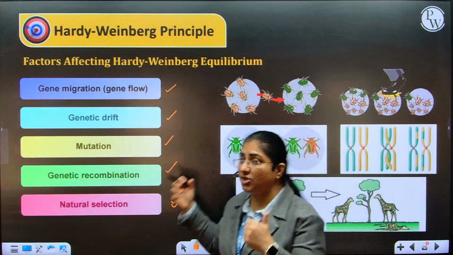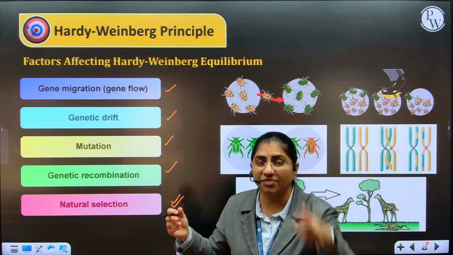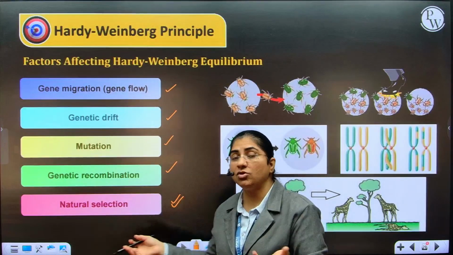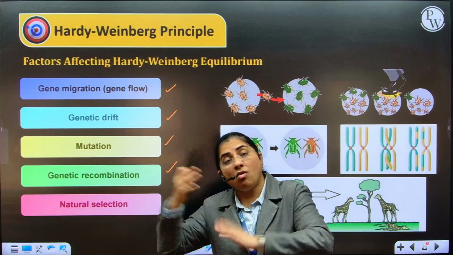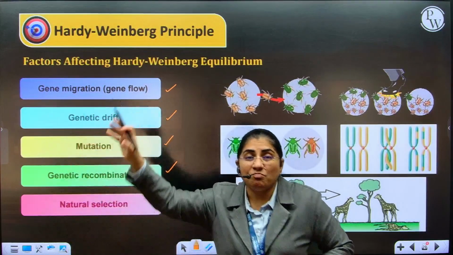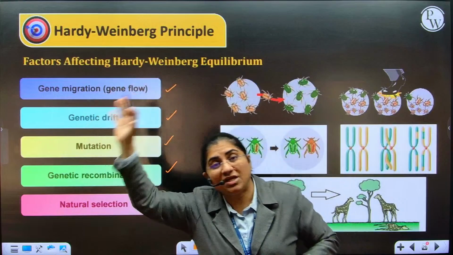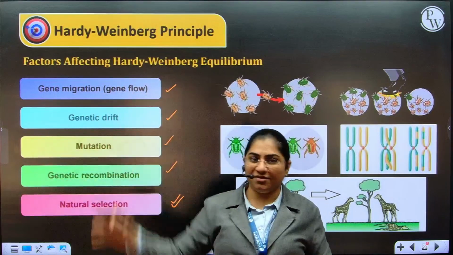Either of them with natural selection over a period of years will make the population look like a different species.